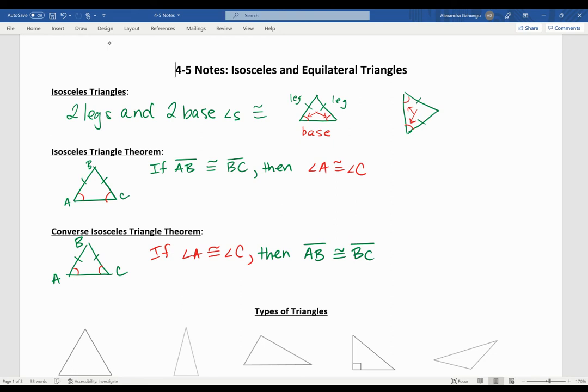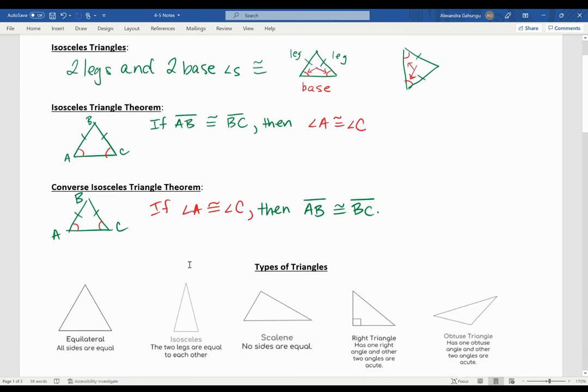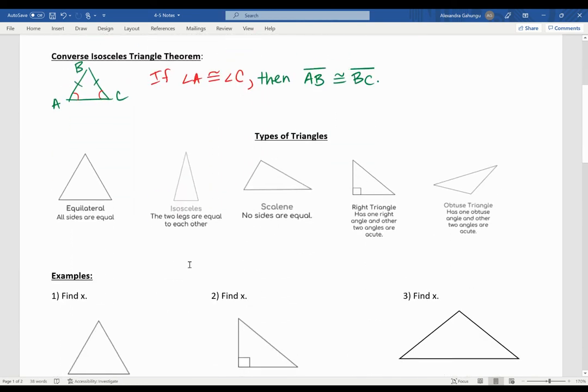So the converse, again, was a switch: we took the original and just switched our hypothesis and our conclusion.